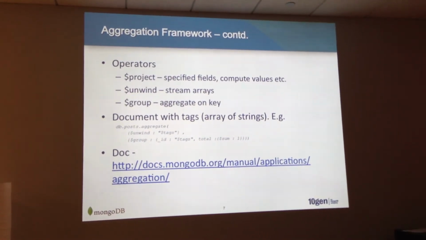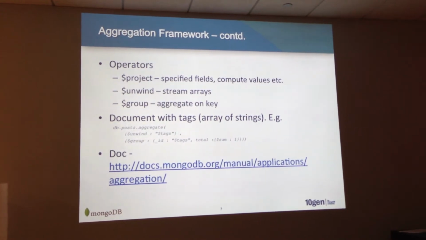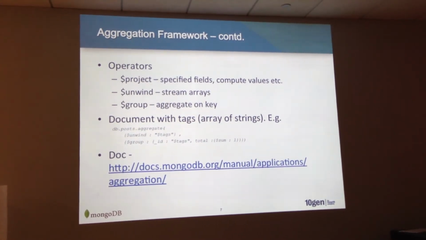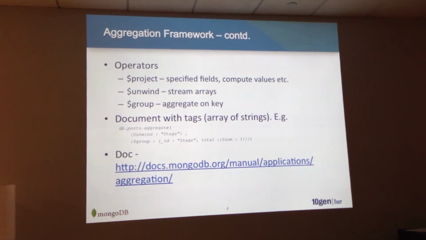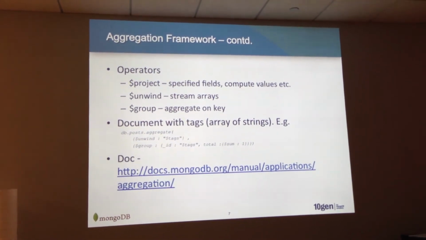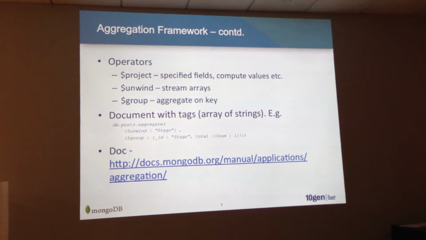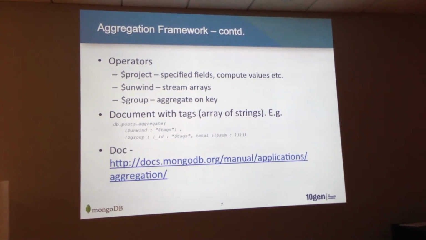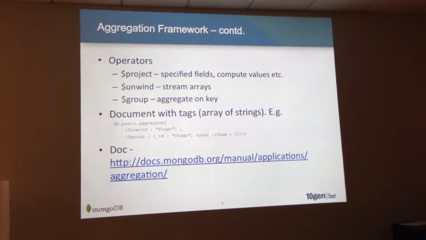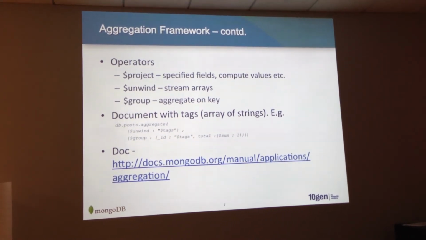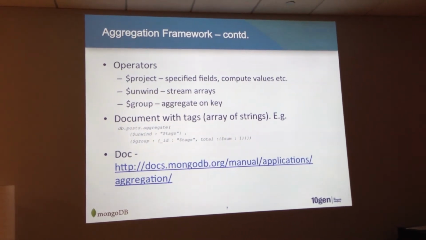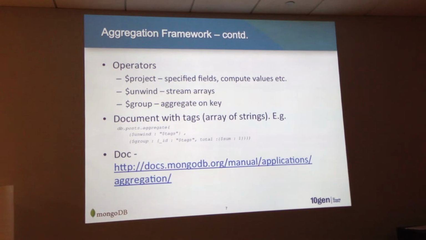So actually that brings a good point, related to the limitations of the aggregation framework. It's definitely not as perfect as we wanted it to be in the first place. The main limitation is that the output has to fit within one document, so you have a limit of 16 megs for the result of the aggregation.